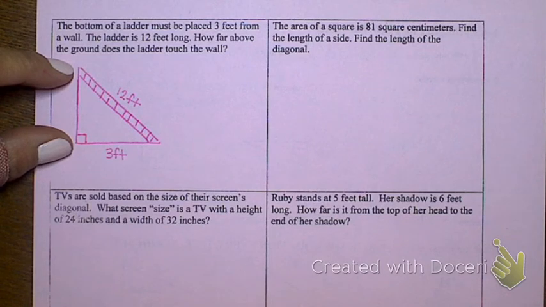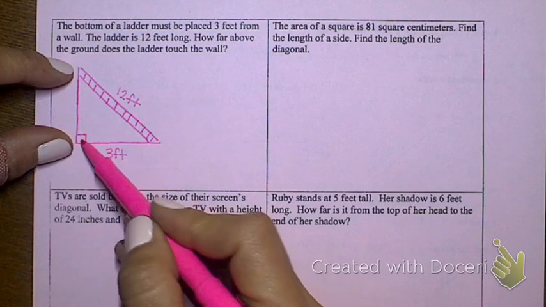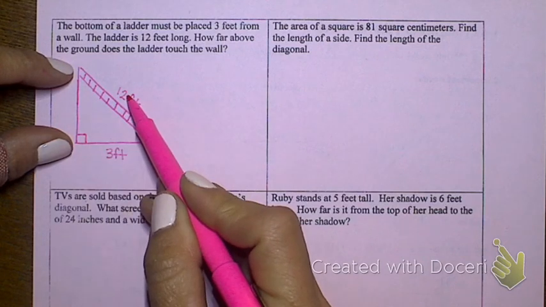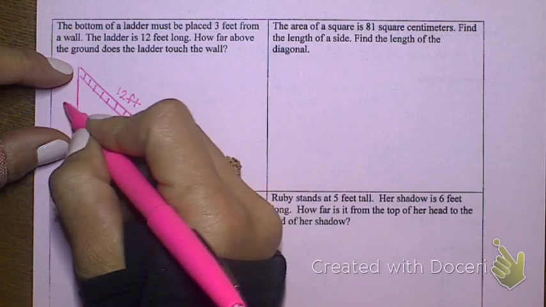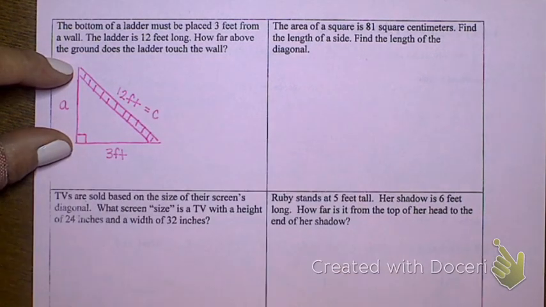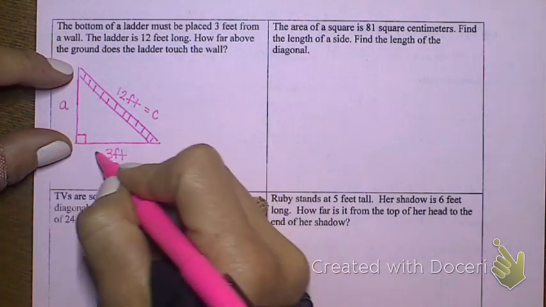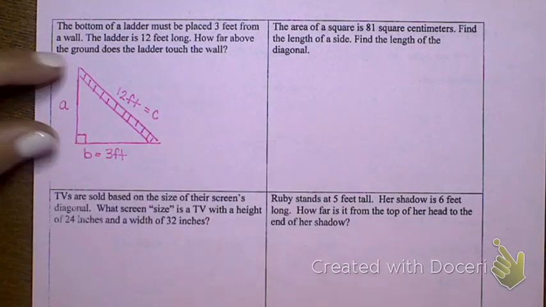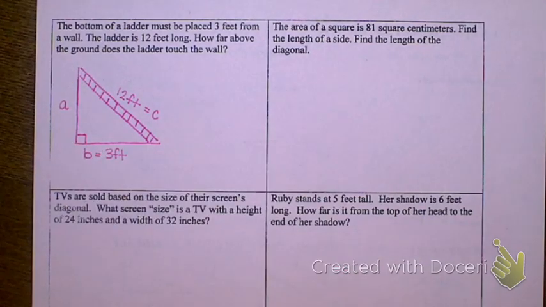It doesn't matter, but is it a C? No, it's not the hypotenuse, right? Because the hypotenuse is over here. Does that make sense? So I'll call mine A. I'll call this one C, because I know that's the hypotenuse. And then I'll call this one over here B. So now that I have this diagram drawn and labeled, now it's easy to do the problem, right?